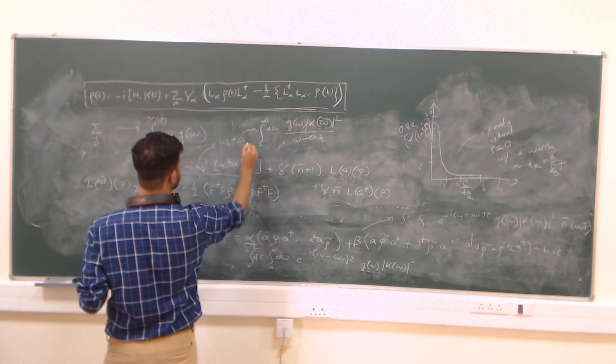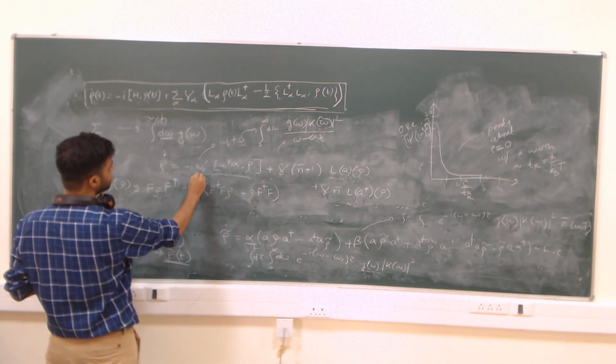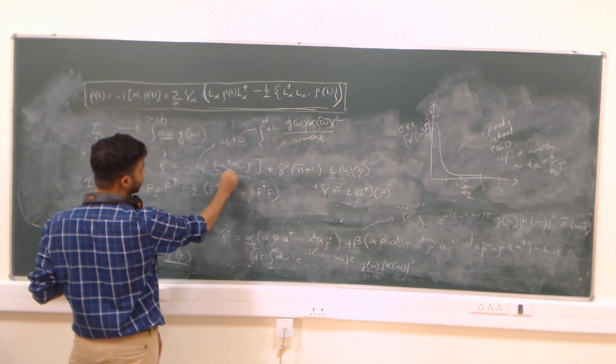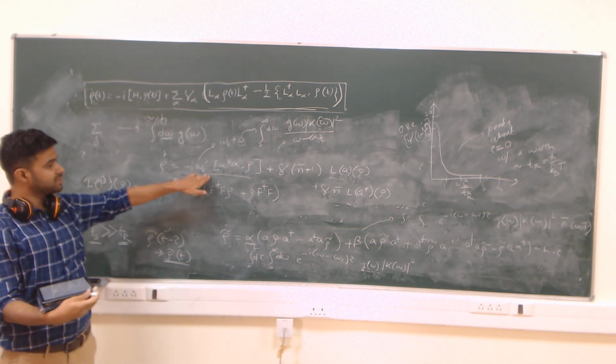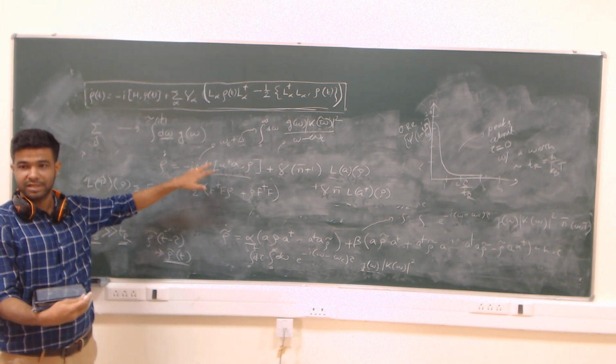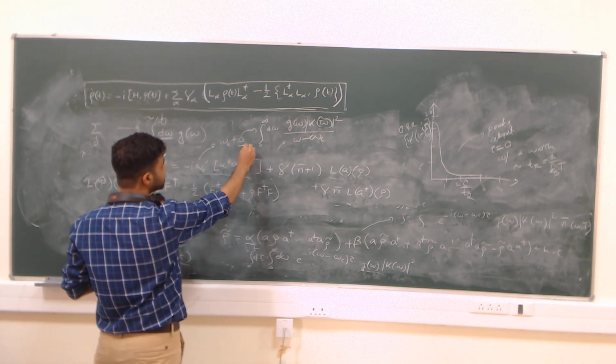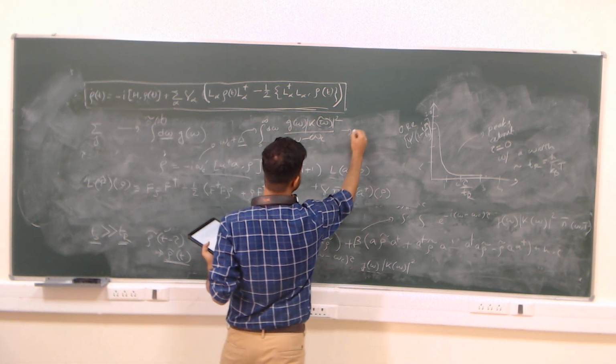Apart from that, if you look at this part, just forget about this delta, but if it was omega c into integral a, so this was just my system Hamiltonian that I started with, hs. So it is hs up to this delta shift, which is typically known as the Lamb shift.